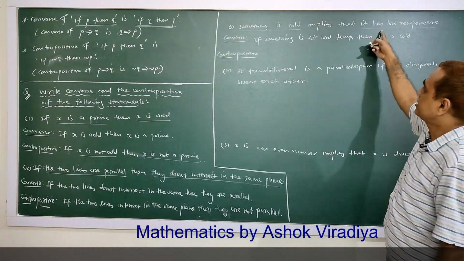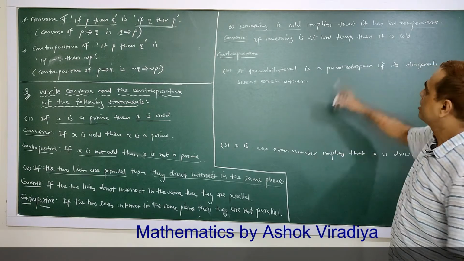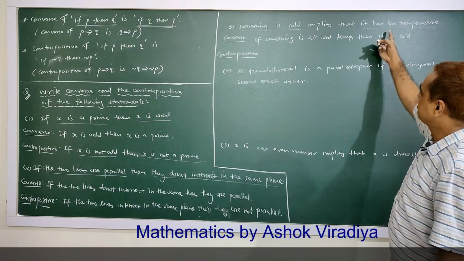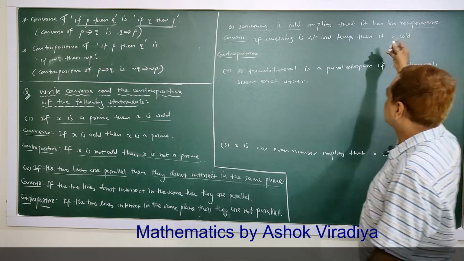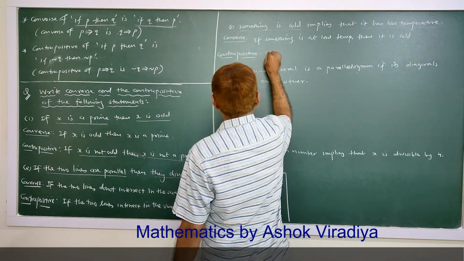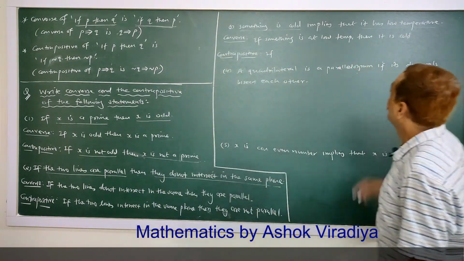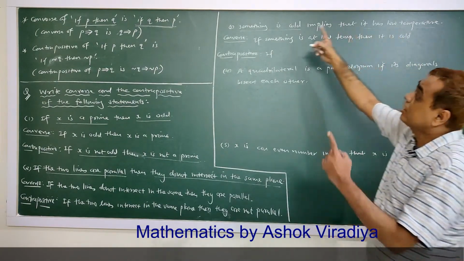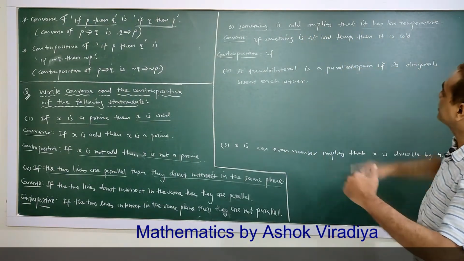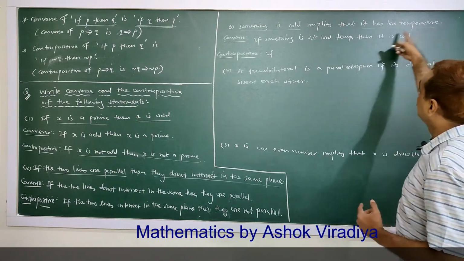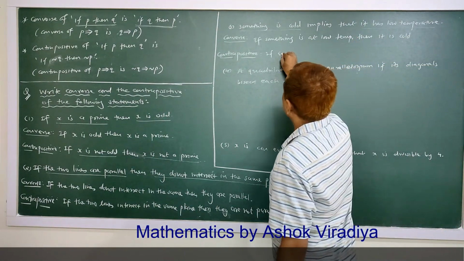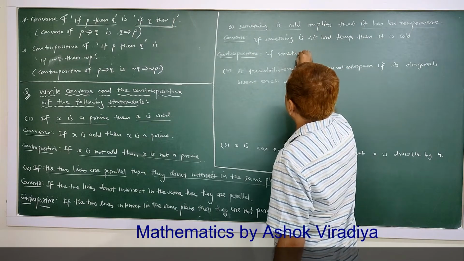P implies Q. Contrapositive is not Q implies not P. That means if not Q then not P. So I am putting negation of this part. If not Q, that means something is not at low temperature.